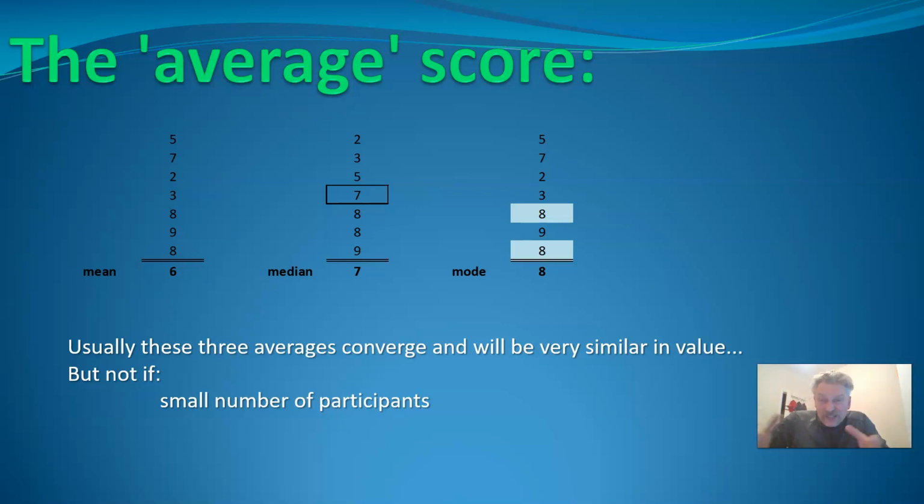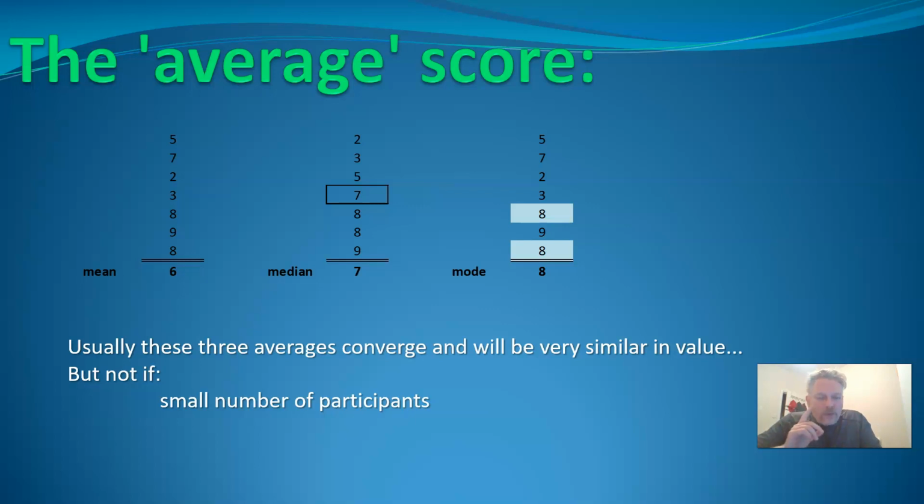However, if you have a larger number of participants, then any idiosyncrasies tend to be lost amongst the volume of all your participants. So again, it's another reason why there's always safety in numbers. Quite often, once you get above 50 participants in the study, just a rule of thumb, you might find that such problems tend to disappear or be less problematic.